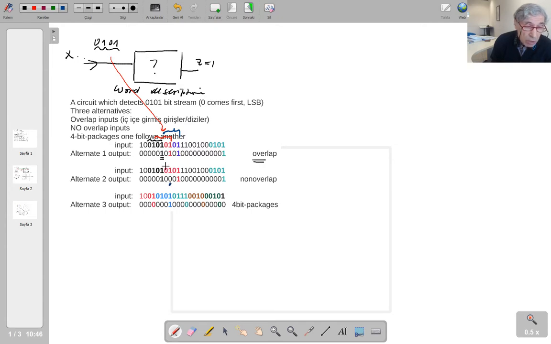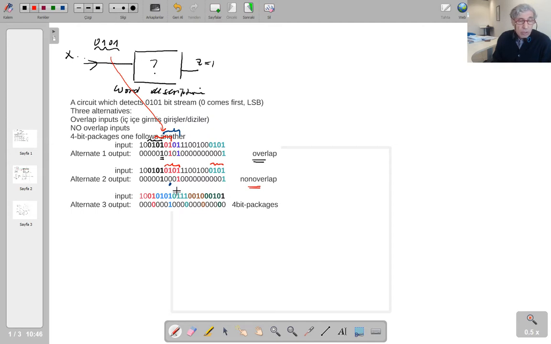So the red one is going to be this, the new 4-bit sequence that I am looking for. I get output 1 here. For this, for example, this is another sequence that I am looking for, and the output is 1. That is not our overlap case.